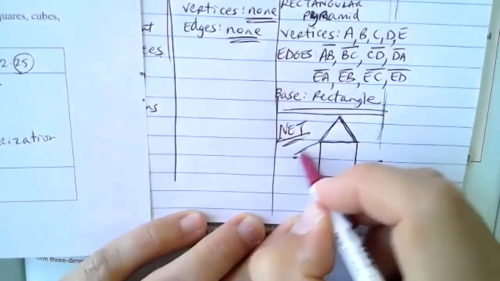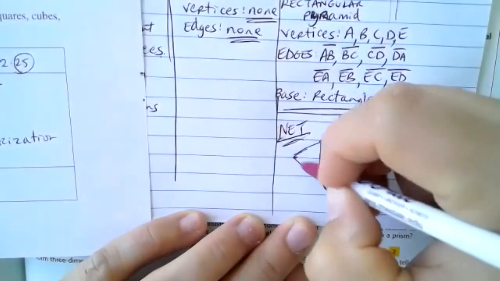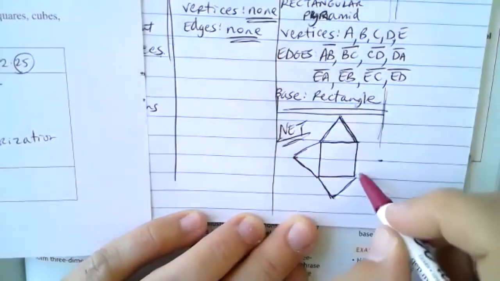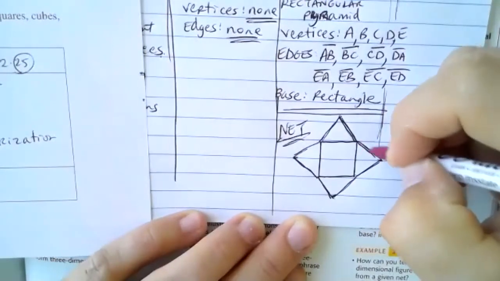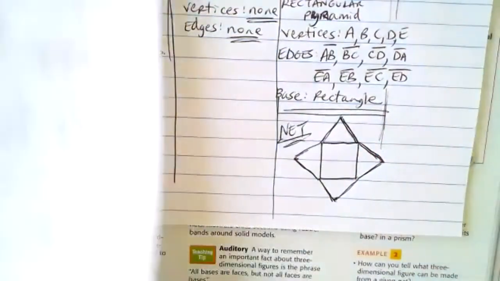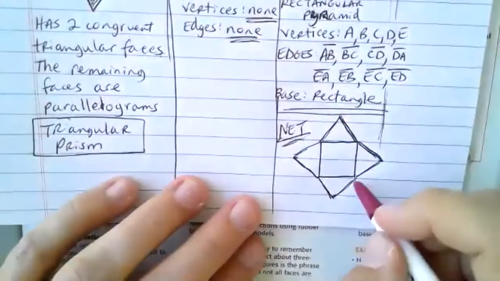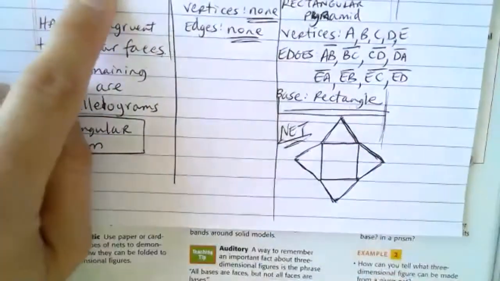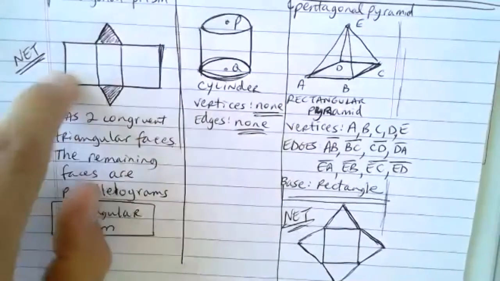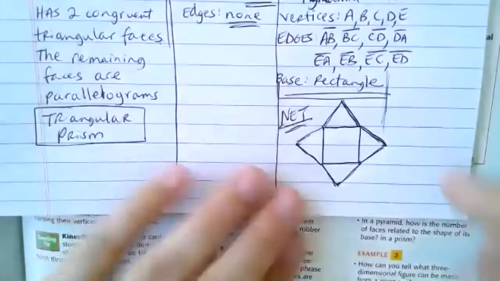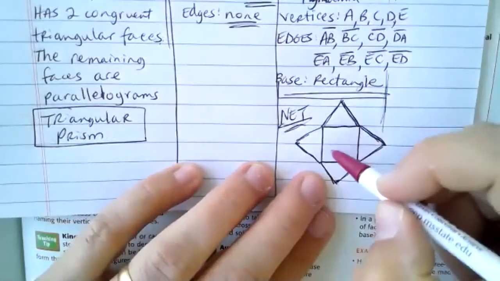All right, and each one of these sides here, these faces, are triangular. And remember, that's part of being a pyramid. Your faces have to be triangular. Over here, your faces are not triangular. Your bases are triangular, but your faces aren't. All right. The base here is a square.